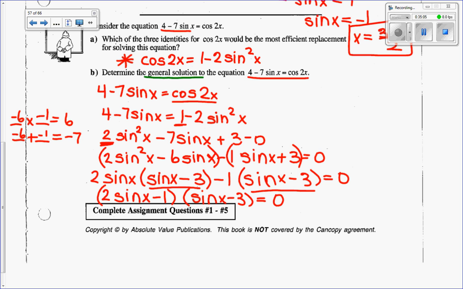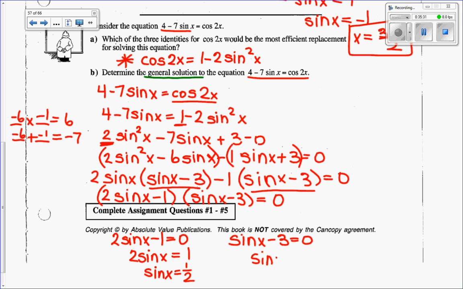Then continuing on as we always have, we set both factors equal to 0. So we've got 2 sine x minus 1 equals 0, and sine x minus 3 equals 0. This would be 2 sine x equals positive 1, so sine x equals 1/2. And this one would be sine x equals 3.